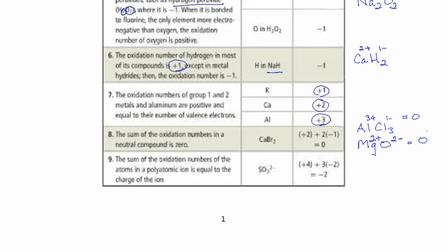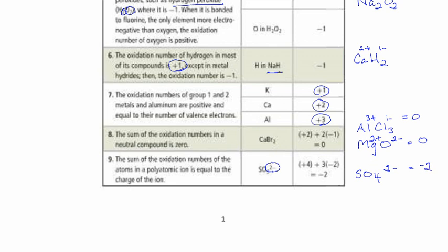The last rule, number 9, just says if you have an ion, the charges have to add up to the charge of the ion. So if we have SO4 2-, the charges have to add up to -2.